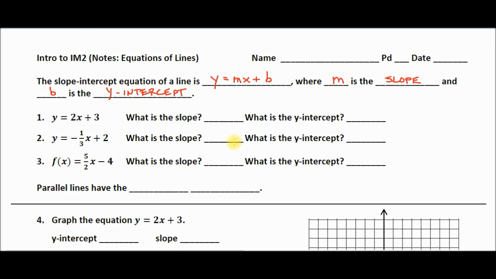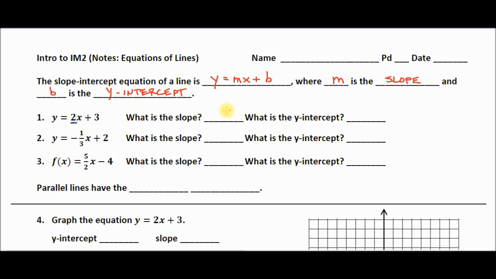Okay. Let's take a look at questions 1, 2, and 3. Question number 1 gives you an equation, y equals 2x plus 3. Notice it's in the same form as slope-intercept form, y equals mx plus b. So what is the slope? Well, the slope is the number that's next to the x variable. It's the coefficient of the x variable.